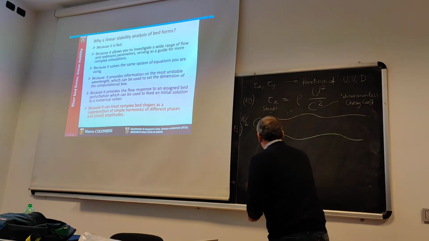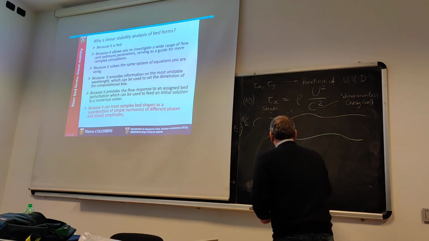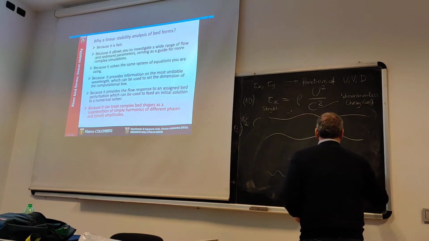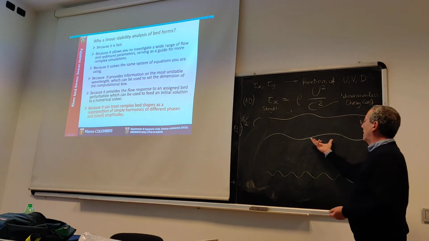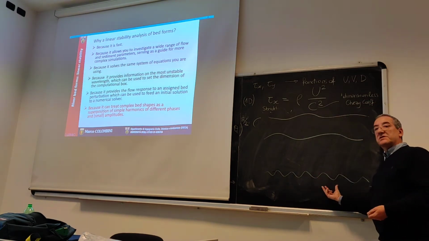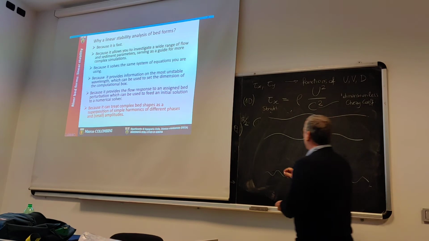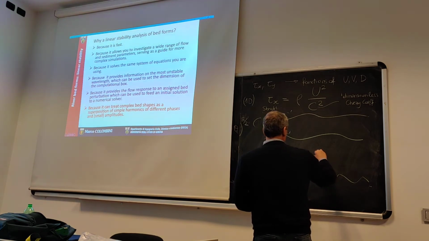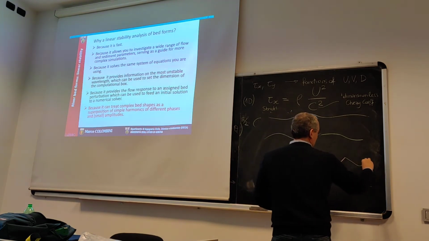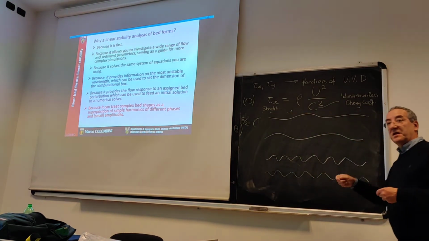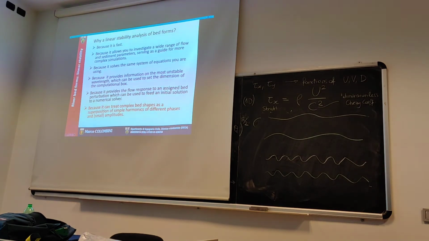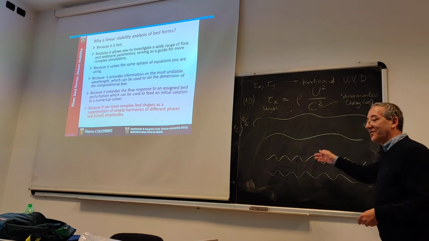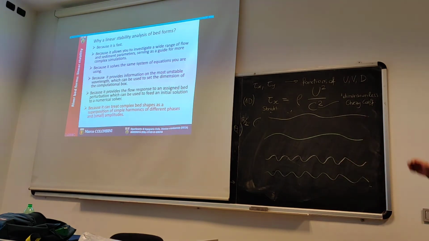You can have one of these for any kind of periodic perturbation of the bottom. This is much longer than this, okay, but you have both. Okay, it should be much more periodic than I'm able to draw on the board, but I mean, assume this is a sine or a cosine or whatever, which is very periodic.